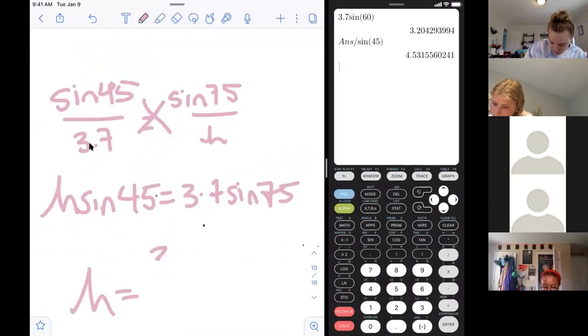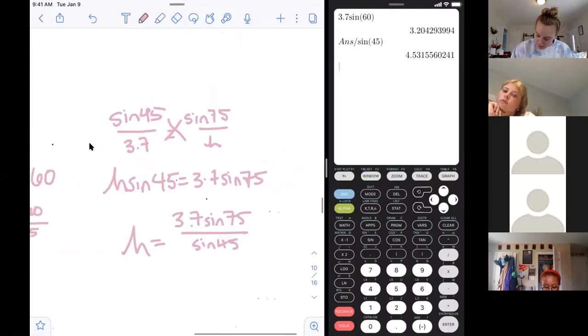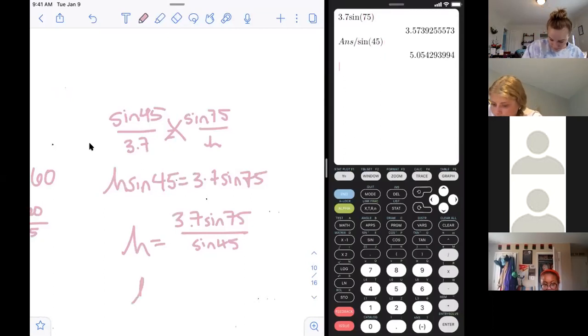So little h equals 3.7 sine 75 over sine 45. Plug that in, 3.7 sine 75, and then divide by sine of 45. 5.1.